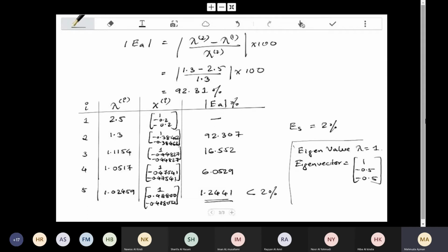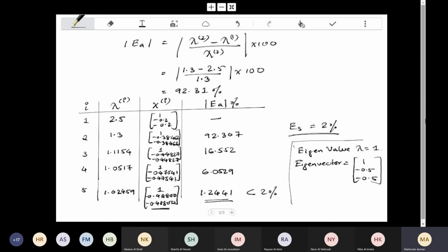So you could see here slowly we were converging towards the exact eigenvalue and the eigenvector. But it would take us some more steps to converge to the exact one. But in a question, if I give you a tolerance, then you could stop at the tolerance. So that's it for the power method.